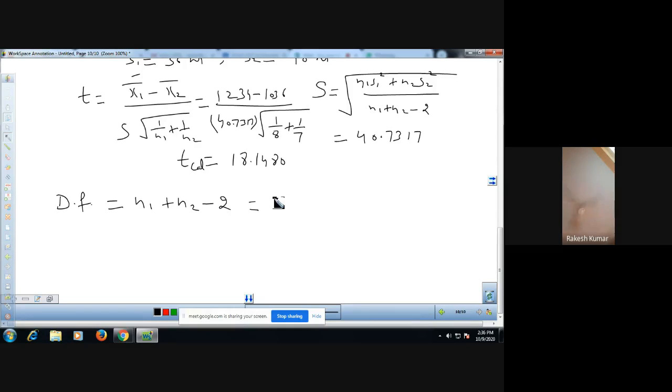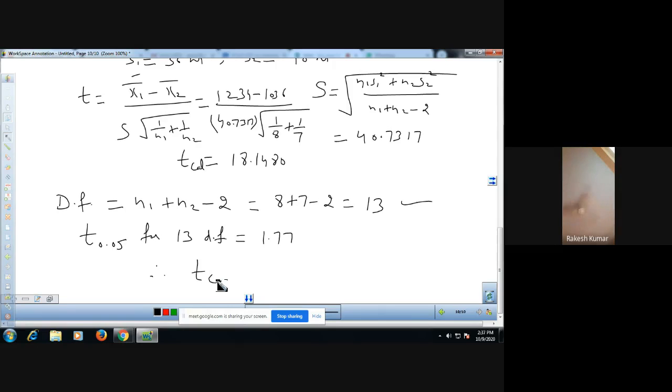So it comes out to be 8 plus 7 minus 2, which is 13. So 13 is the degrees of freedom. Level of significance is not given, so you can assume that this is at 5% level of significance. So t at 5% for 13 degrees of freedom, from the table you will be able to see, this value is 1.77.